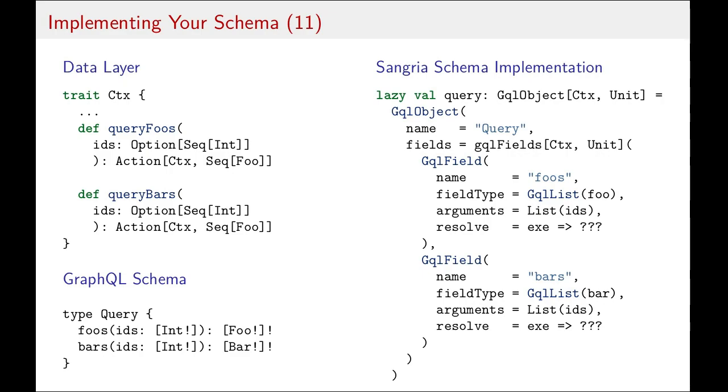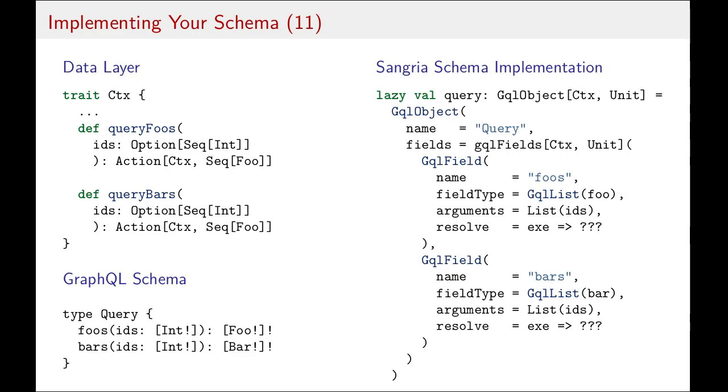We haven't seen this before because our other fields didn't have arguments, but these fields do. The arguments that get passed are always a list. This one's a list of one thing, so a list of IDs. And this is why we had to define our argument earlier. We have to refer to it here in the scope, and in several places. So there's really no way to inline that argument. You have to pull it out.